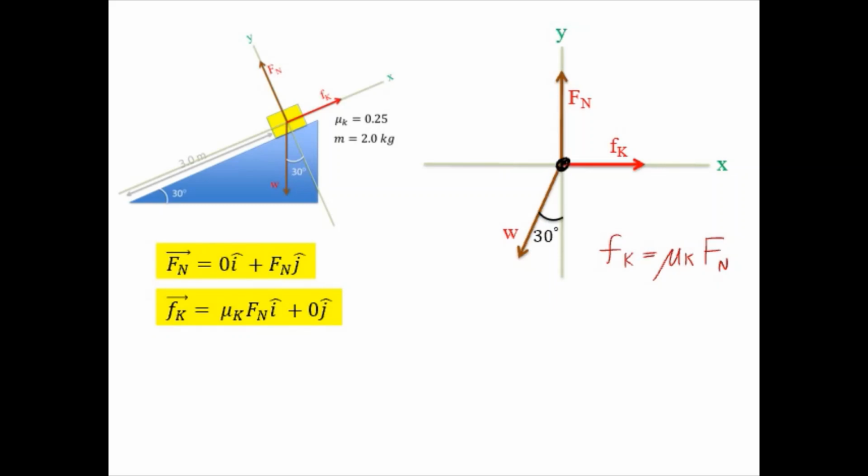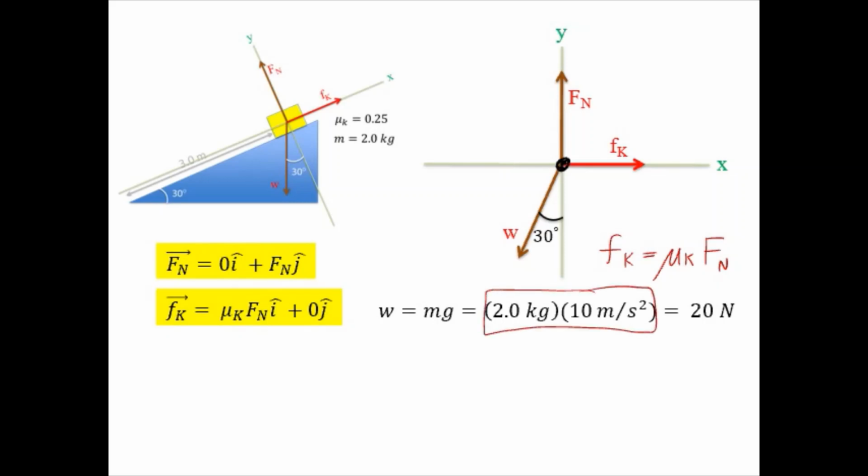Now the weight vector, of course, we need to get that written in component form. And again, if we want to use this angle between the vector and the y-axis, we can do that. We just flip-flop our sine cosine rules. So in this particular case, our weight of our object, they had told us it was a 2 kilogram object. Let's just assume g is 10 here to keep our math nice and simple on this particular example.